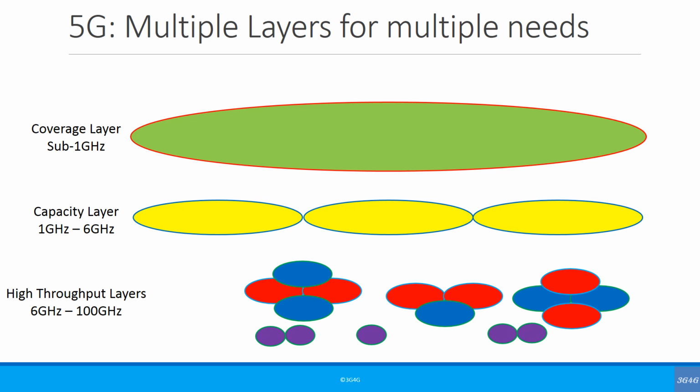Generally people refer to them as millimeter wave, but millimeter wave generally means frequency above 30 gigahertz. Below 30 gigahertz you can call it centimeter wave, but generally you would see people refer to the whole 6 gigahertz to 100 gigahertz band as millimeter wave.